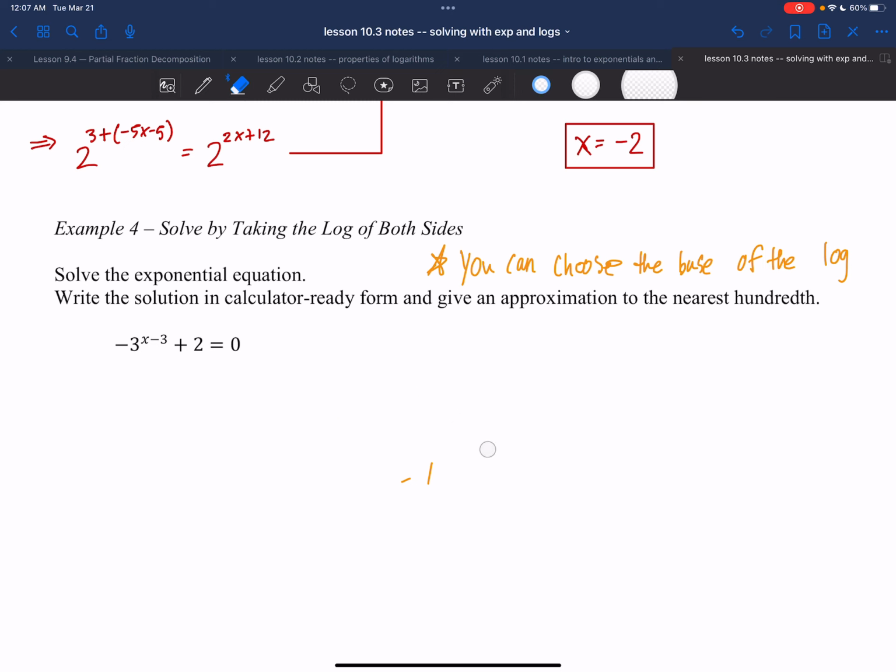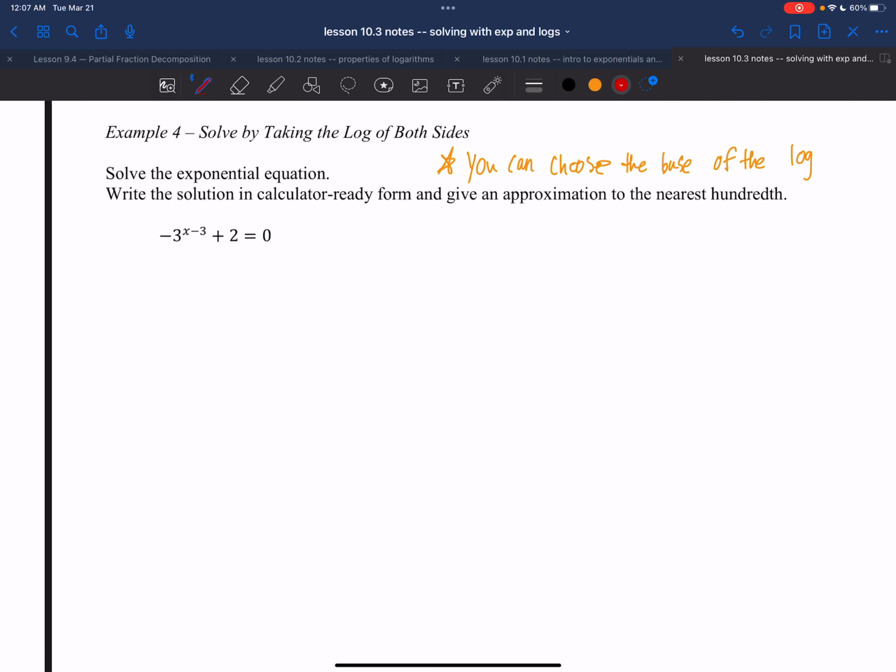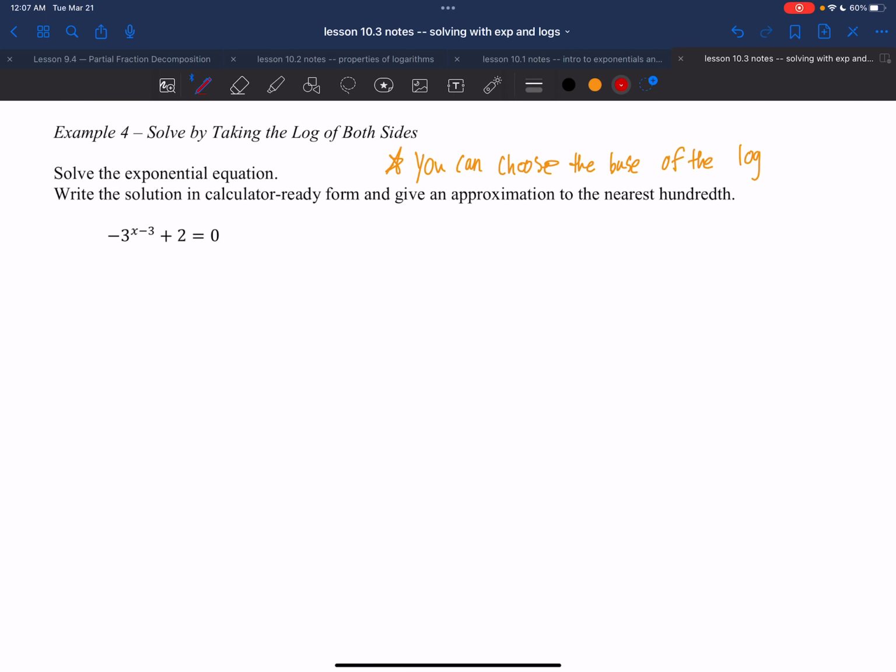And I'm going to show you 2 methods here. Now, I am going to go ahead and isolate the exponential term.